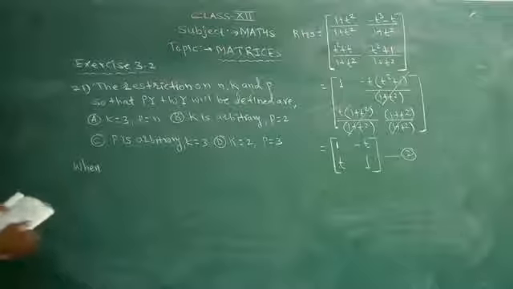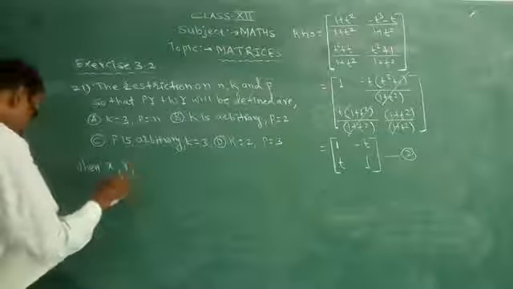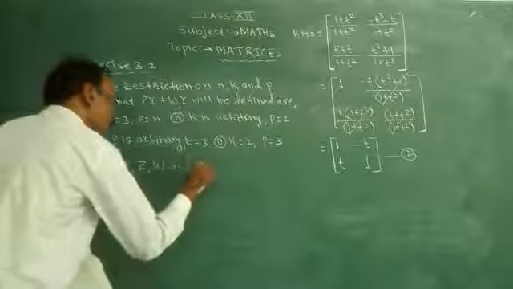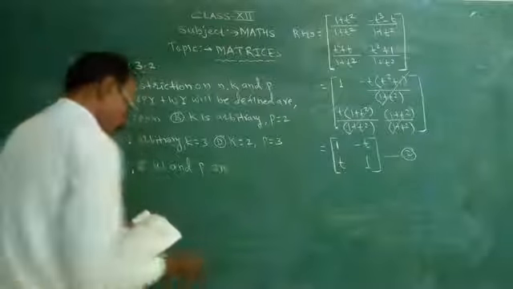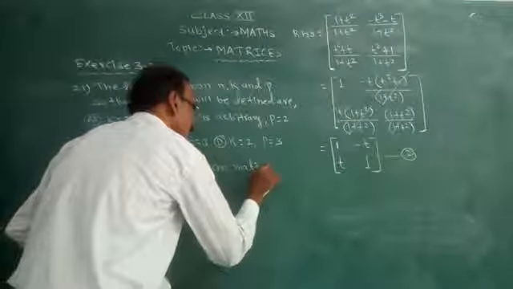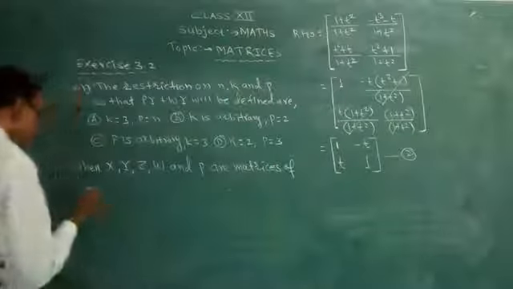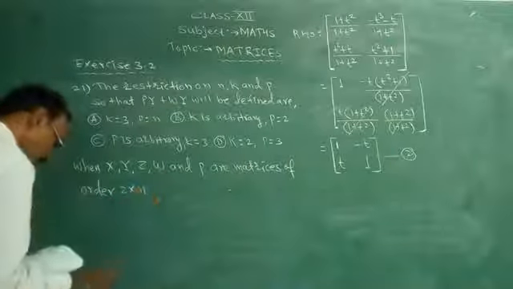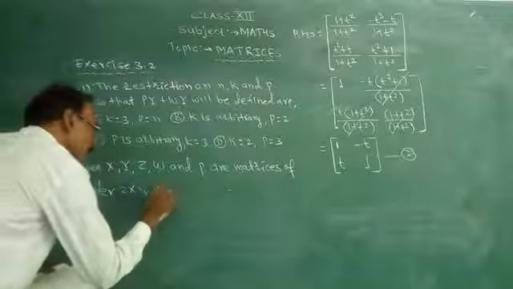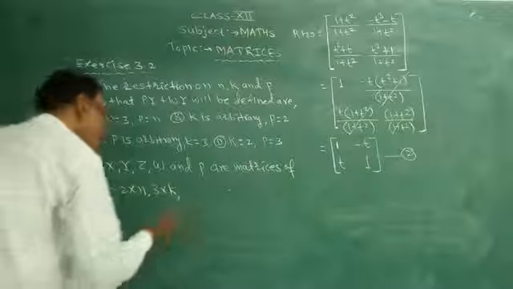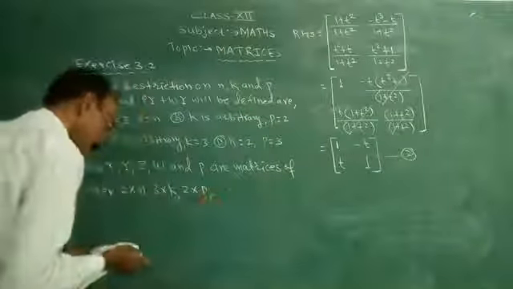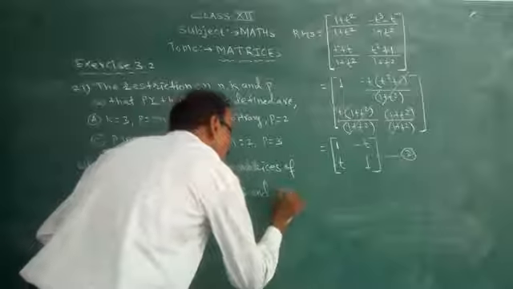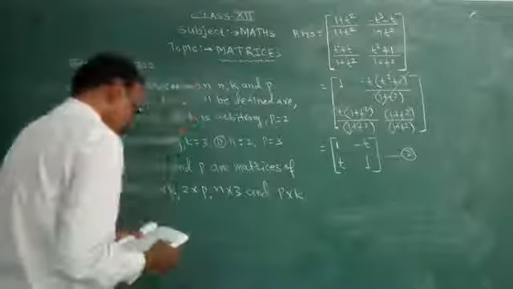Here X, Y, Z, W and P are matrices of order 2 by n, 3 by k, 2 by p, n by 3, and p by k, respectively.